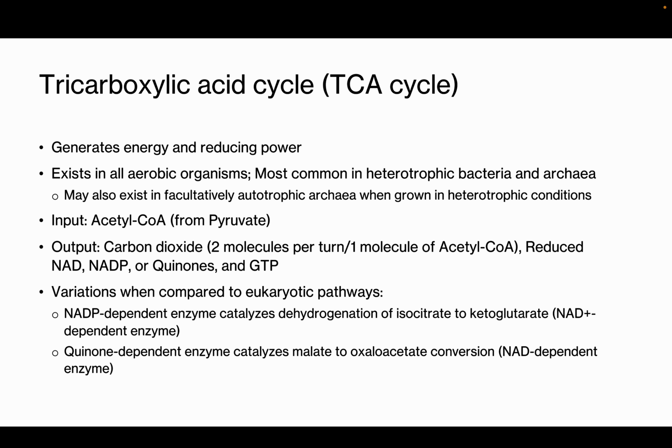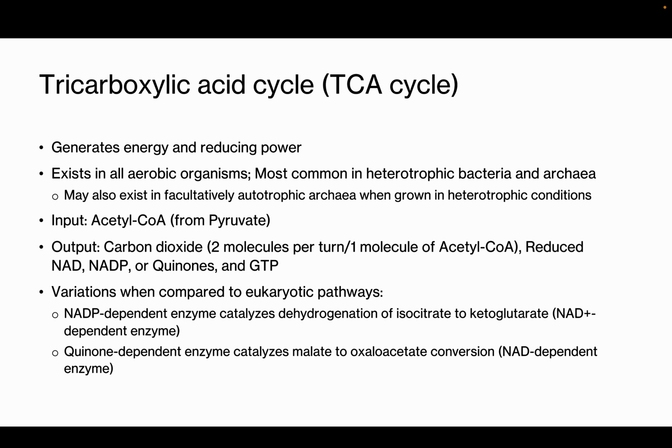So TCA generates energy and reducing power, and it exists in all oxygen-dependent or aerobic organisms, very common in heterotrophic bacteria and archaea. May also happen in facultatively autotrophic archaea if they are grown in heterotrophic conditions.